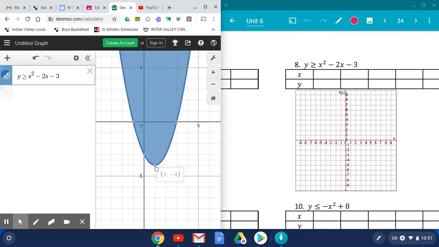And I can see quickly that it is. It looks like on this one, there's another lattice point. Hey, I got 4 good ones right there. So I got negative 1, 0. I've got 0, negative 3. I've got 1, negative 4. I've got 2, negative 3. And I've got 3, 0.